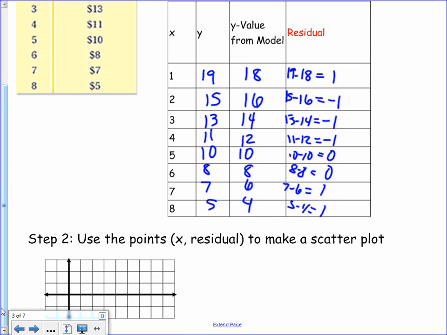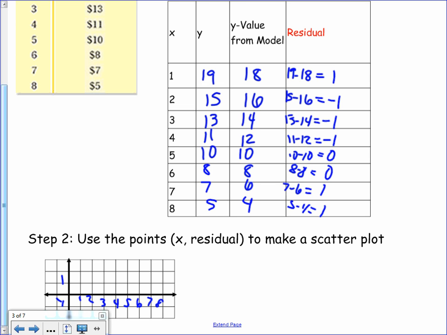Now we want to use those points, the x and the residual, to make a scatter plot. Our x values go from 1 to 8, so 1, 2, 3, and our residuals are really only from 1 to negative 1.